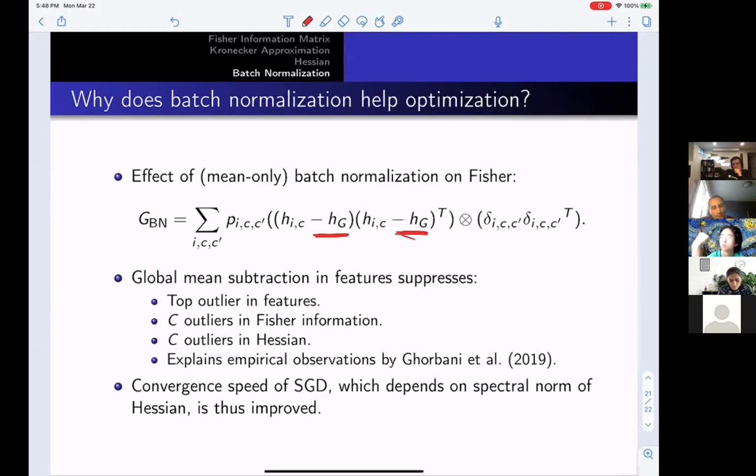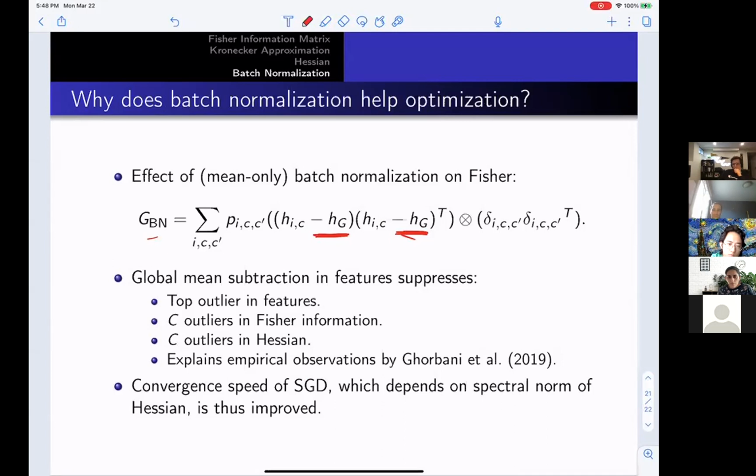So what does subtracting a global mean do to the spectrum of the features? It's just eliminating the top outlier, right? And so if you're eliminating the top outlier from the features, then you're in effect eliminating some outliers in the feature information matrix, and therefore you're eliminating outliers in the Hessian.